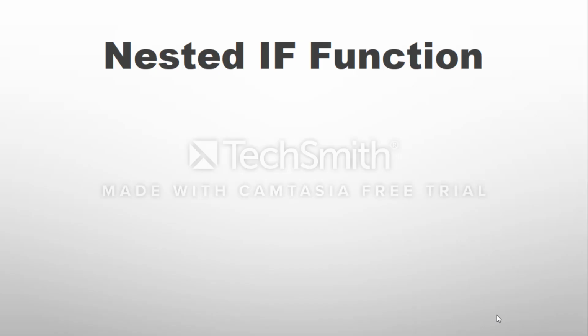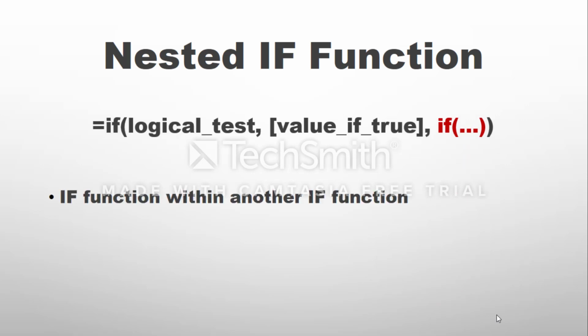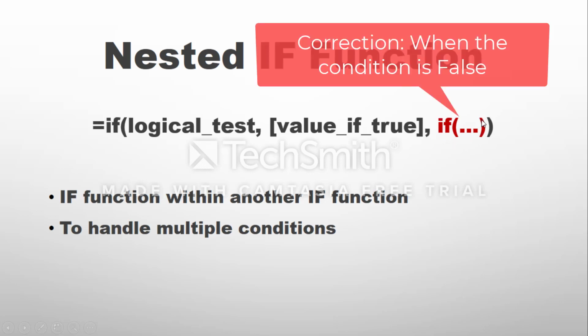The next step is to use a nested IF function to classify Visa, MasterCard, and Discovery as credit card. A nested IF function is an IF function within another IF function. In this syntax, you can see that the third argument, which is the value when the condition is false, has been replaced with another IF function.